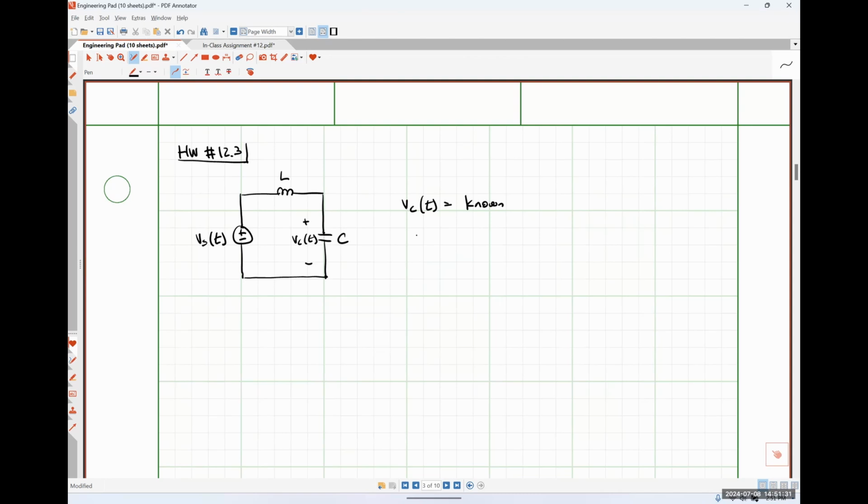And our ultimate goal is to find Vs of t. So I want us to kind of talk our way through things here, okay? So does anybody have any thoughts on how we might approach a problem like this?